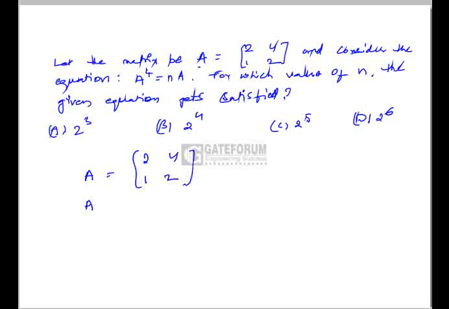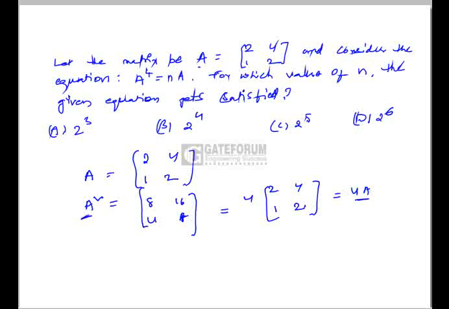If you find A square, you would be getting [8 16; 4 8], which is equal to 4 into [2 4; 1 2]. This is nothing but 4 into A. So we got A square as 4A.